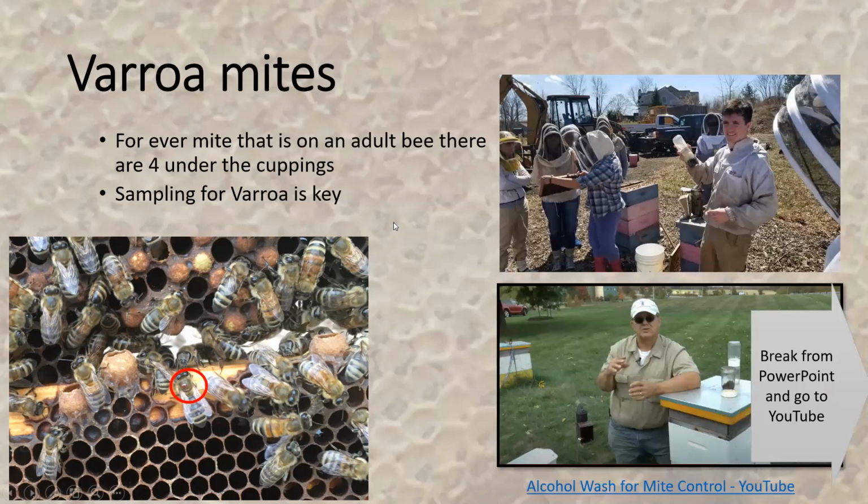So varroa mites, I talked a little bit about the sampling. How to sample is the question. You see this red circle here, there's that brown shiny dot, that is a varroa mite on the back of that individual bee. I was extremely unlikely to see that.